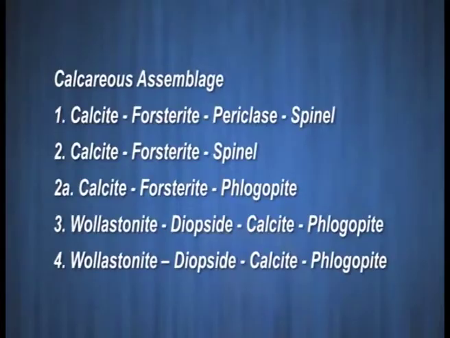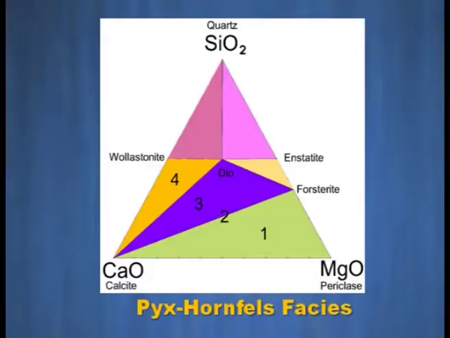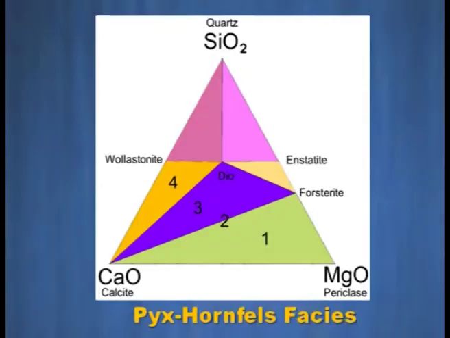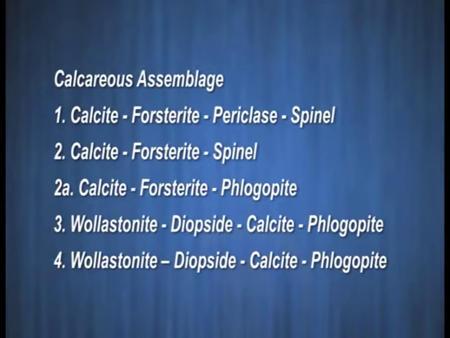We can observe the following calcareous assemblages: calcite, forsterite, periclase and spinel; calcite, forsterite, spinel; calcite, forsterite, phlogopite; wollastonite, diopside, calcite, phlogopite. So these are important calcareous assemblages.